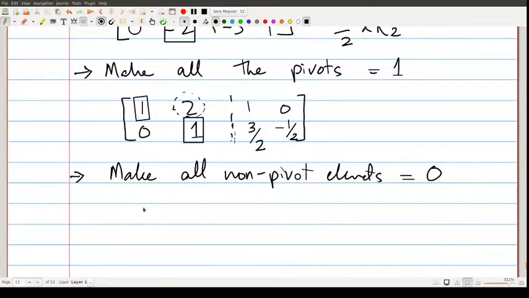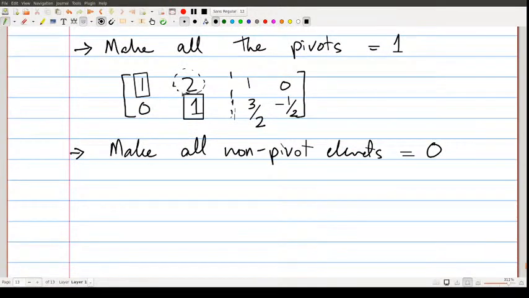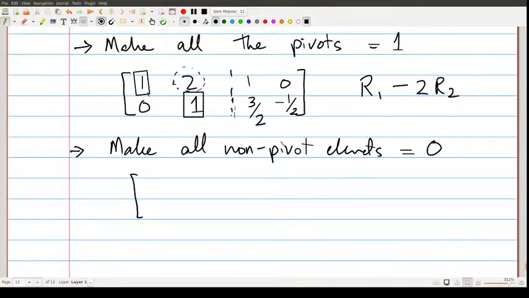Now the question is, how do I make this non-pivot element equal to 0? It's the same as saying I want to eliminate this entry, and the way you eliminate an entry is row 1 minus 2 times row 2. Let's try that out. I get 1 minus 0, which is just 1. 2 times minus 2 is 0.